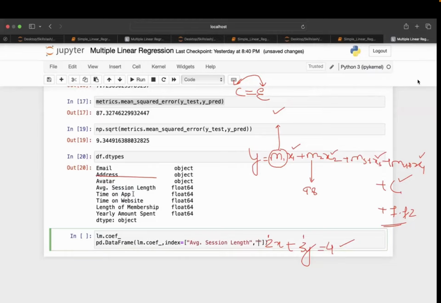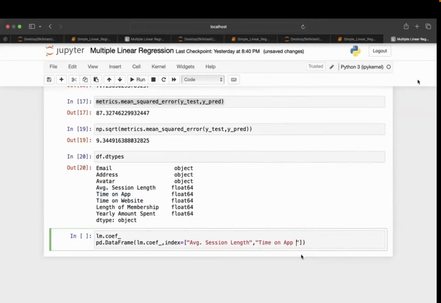The next column name is time on application. Guys, I'm picking only those columns which are participating in the linear regression. The next column name is length of time on website. And the fourth one is length of membership.